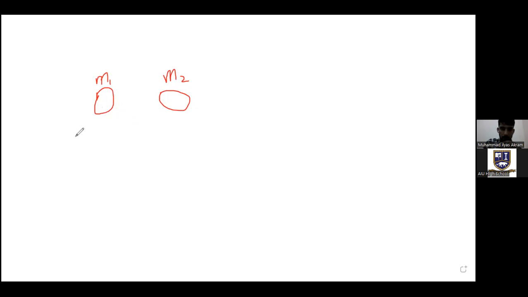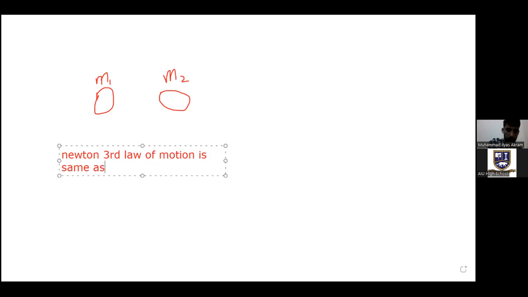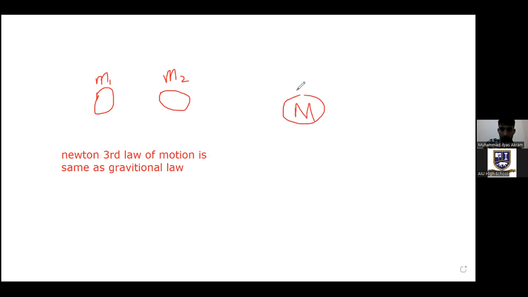So we can say that Newton's third law of motion is the same as the gravitational law, because we can consider this is the mass of Earth, capital M, and that is a small body on the surface of the Earth.